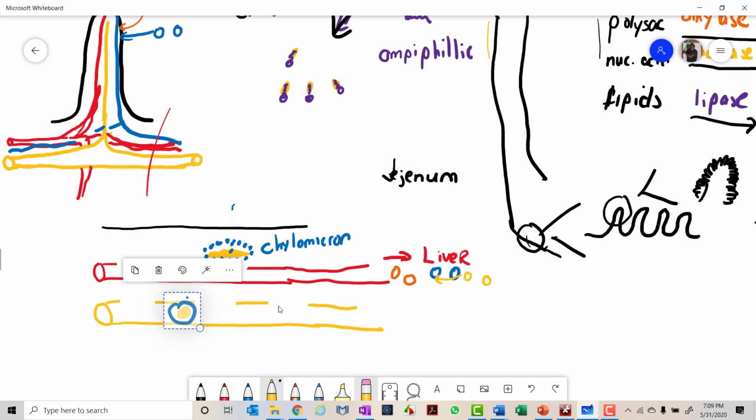And this lacteal joins the circulatory system in special ducts located around your body. There's a major one around your shoulders, up above your heart, and a lot of the fat from your diet will get dumped in that region. So these chylomicrons, made up of these lipoproteins, will allow the lipids to be taken away.